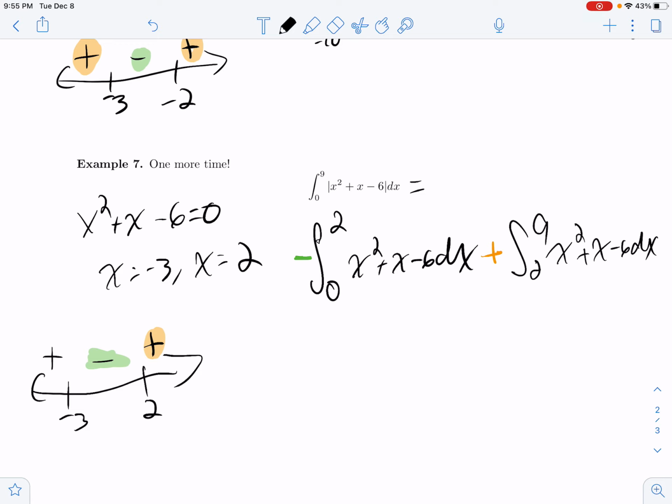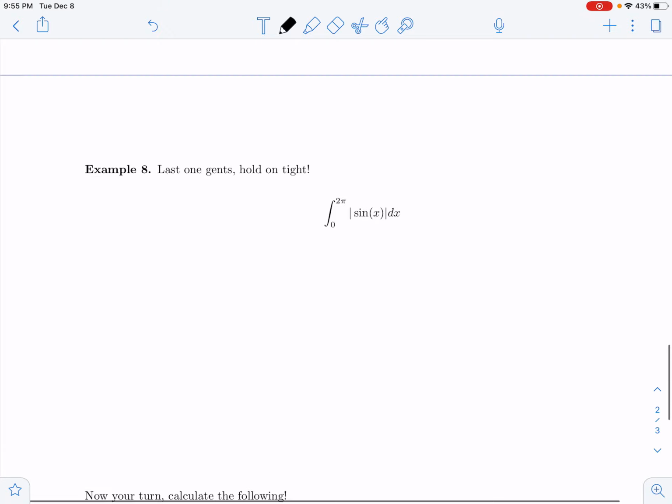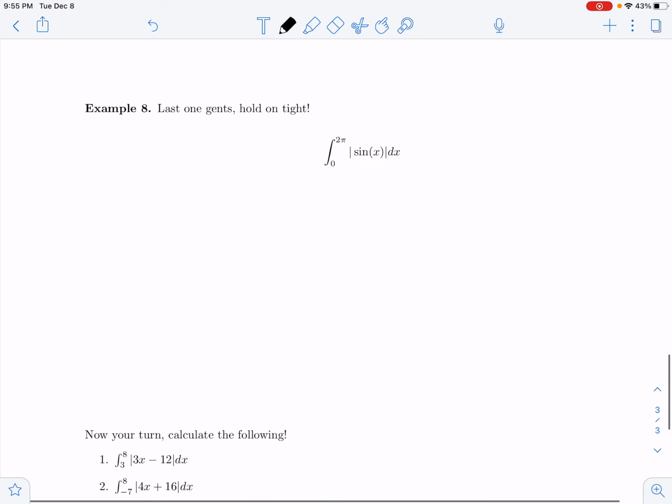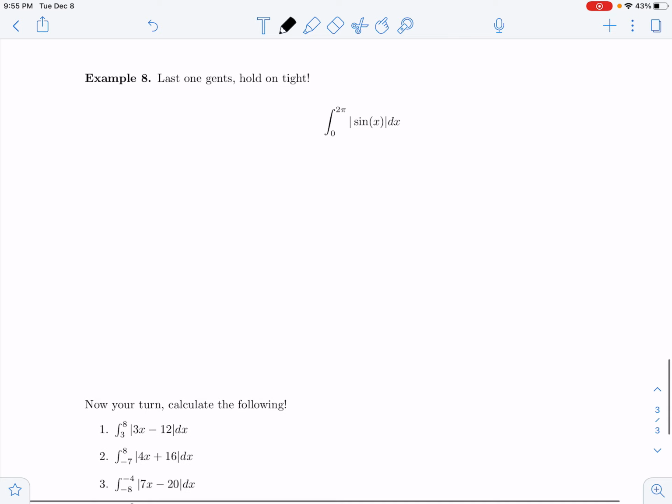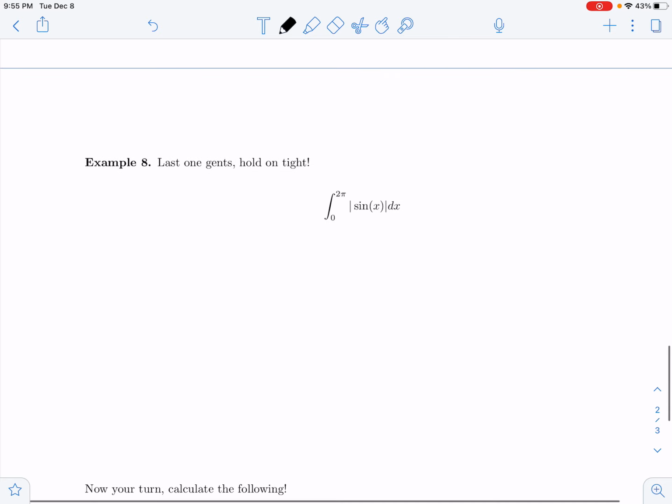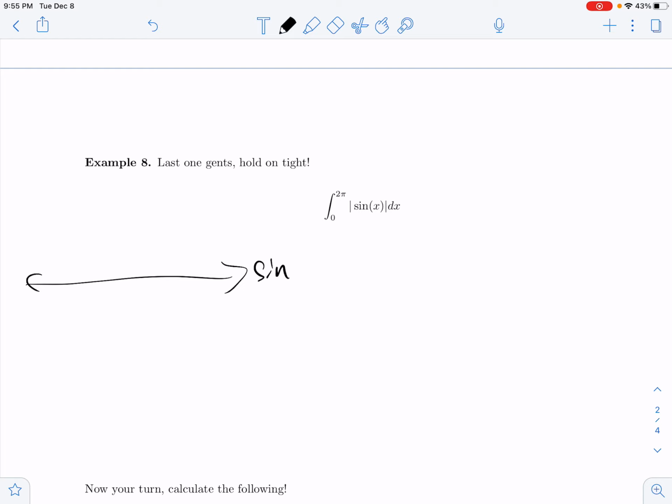All right, and then finally, one more. Hold on tight. Might be a bumpy ride. I got to make a sign chart for sine x from 0 up to 2 pi. Well, that actually ends up not being that bad. If I was to make a sign chart for sine, right?